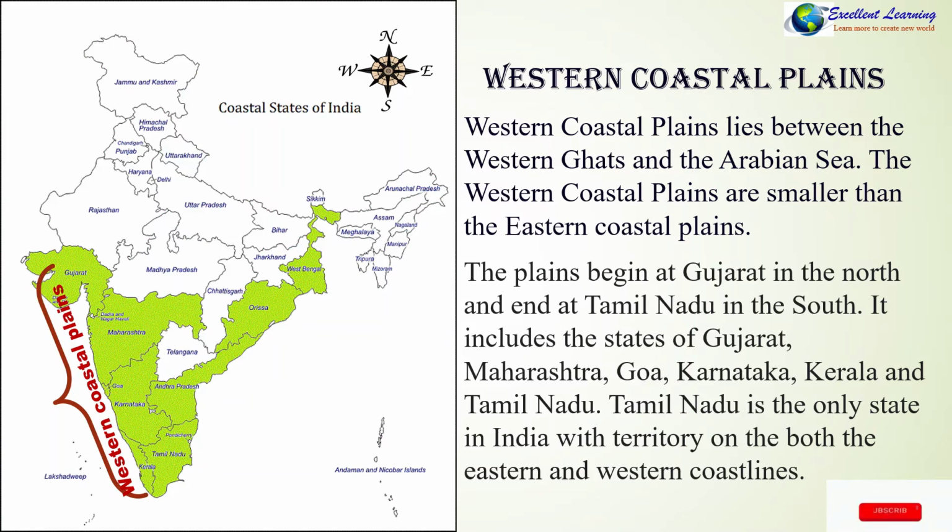Children, the plains begin at Gujarat in the north and end at Tamil Nadu in the south. It includes the states of Gujarat, Maharashtra, Goa, Karnataka, Kerala, and Tamil Nadu. Children, now look at this map to find the western coastal plains.